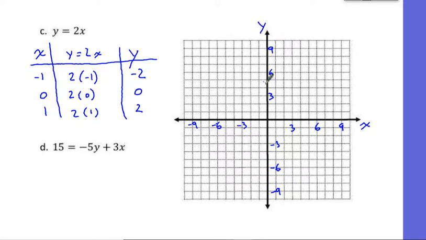And then we'll graph negative 1, negative 2, 0, 0, which again has a special name, the origin, and then 1, 2. So x value of 1, up 2 to the y value, or y coordinate. And again, I'll do my best here to graph this line.